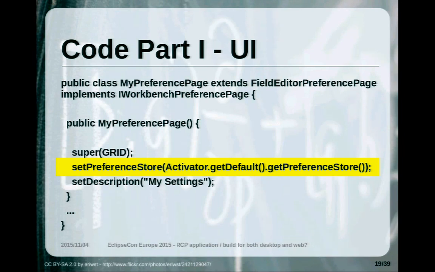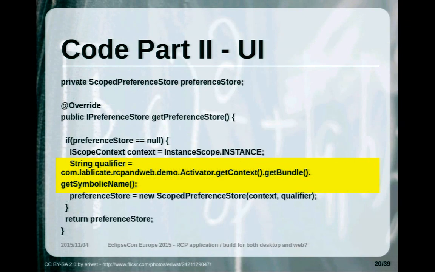What we do in the preferences, we say set preference store, the UI activator, get the default, get the preference store, and set it into my preferences. We need to get rid of this. So we go to the AbstractUIPlugin initializer or activator, and there we can override the getPreferenceStore method with our own method and create an own scope or instance scope.